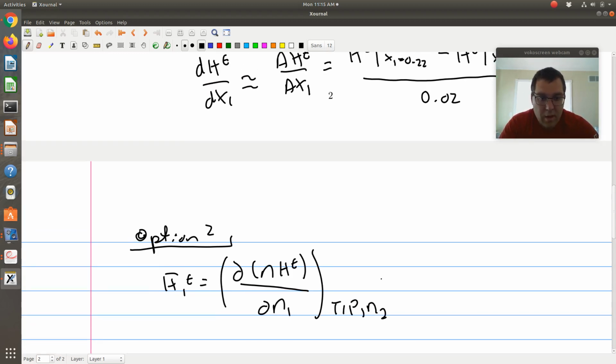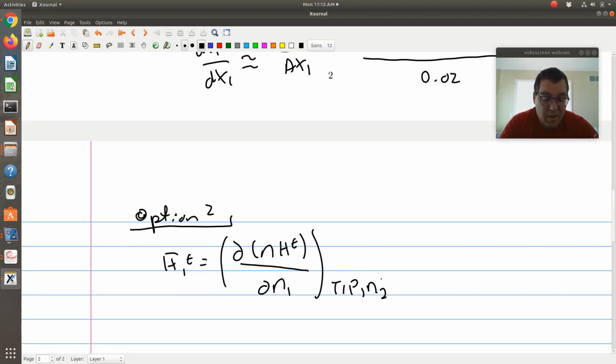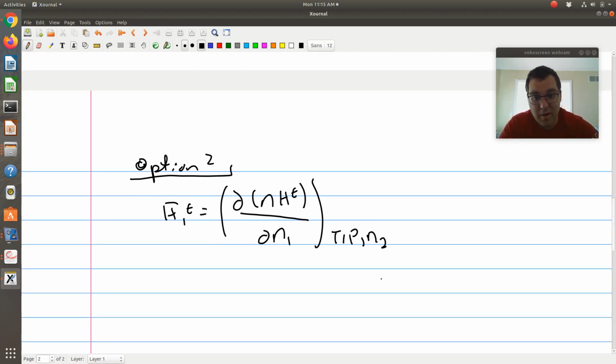The key there is that you'd have to assume a basis. If I wanted to evaluate that from the data above, when I differentiate, the moles of species 2 is being held constant.